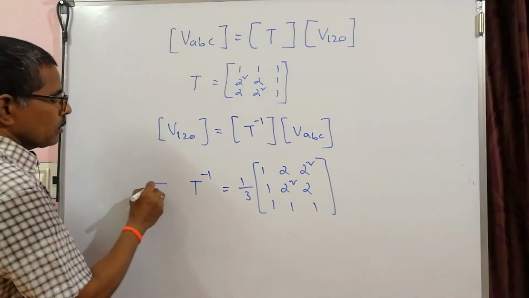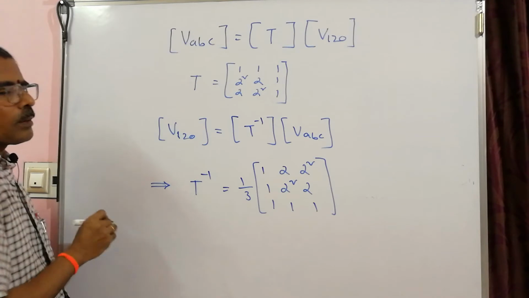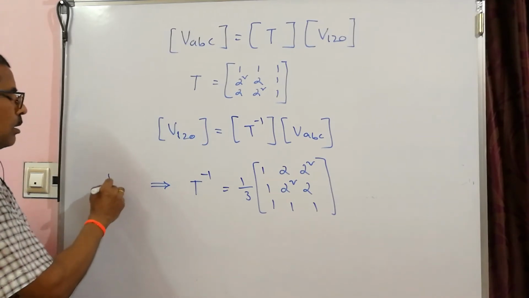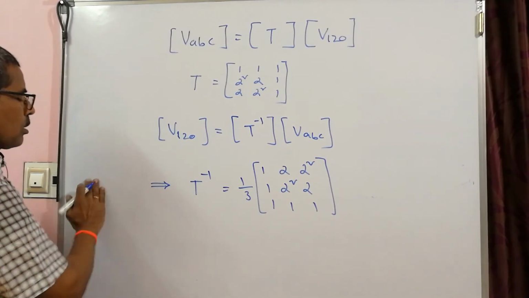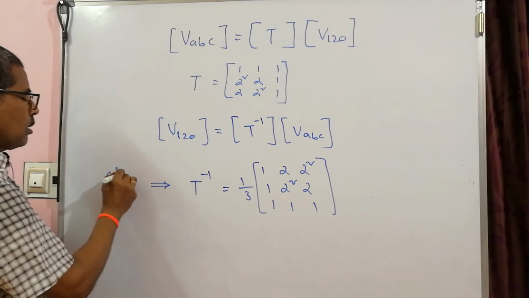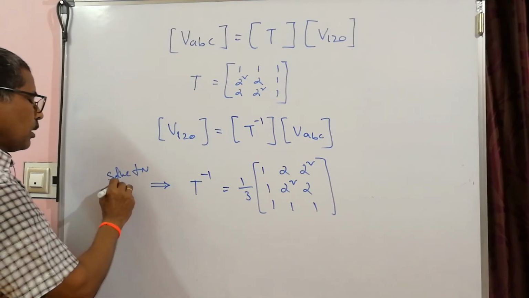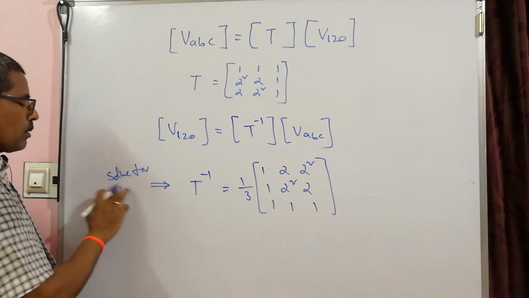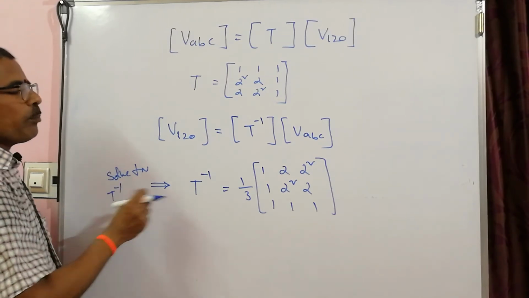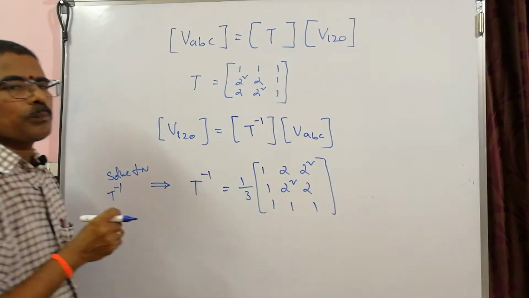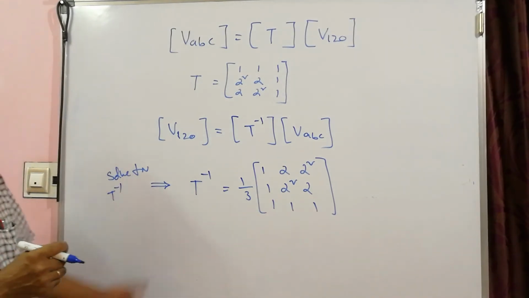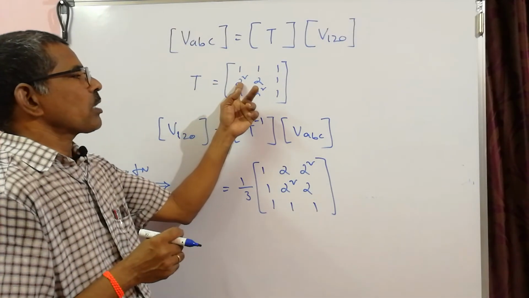So, this you do it, okay. Solve for T inverse and prove that it is going to be this. You substitute what is alpha square?